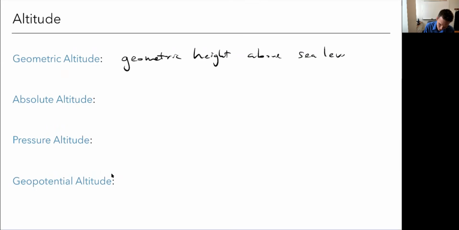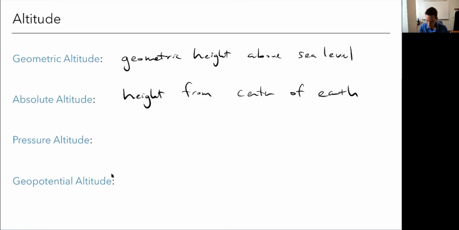That's maybe what we usually think of as our altitude, but as we've seen, the things we measure aren't always actually exactly that. This is the height, absolute altitude from the center of the Earth. We'll use this more when we get into rockets, less relevant for aircraft, where our variation of altitude is much, much smaller compared to the radius of the Earth.